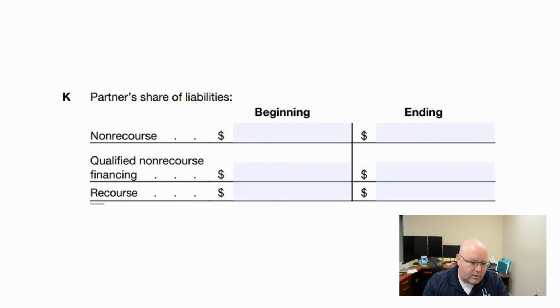Well, if you had non-recourse financing, why didn't you let us know? Usually we have to go back to the partner and say, you need to go back to their CPA and figure out what needs to happen, and sometimes they have to do an amended partnership tax return to get things right.